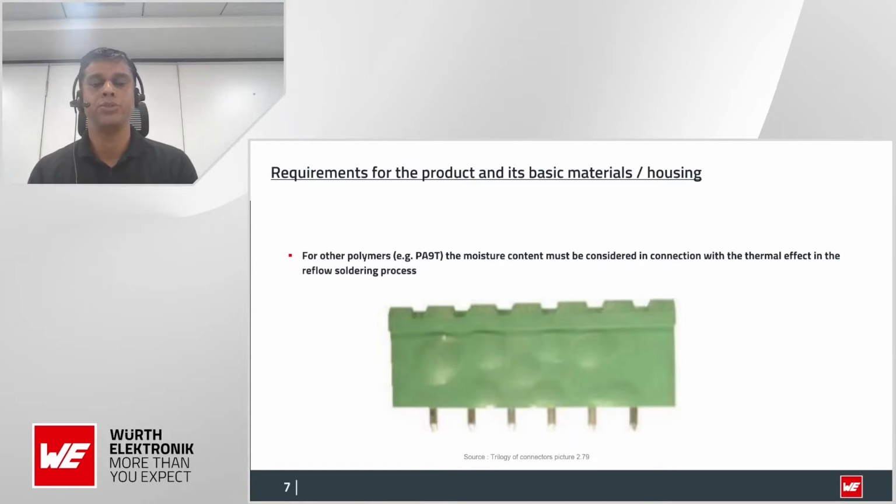That means when you expose this material to high temperature like 265 degrees, the moisture in the polymer will bulge out, and you can see blisters on the surface of the connectors. You can see the bubbles. This will degrade the component performance. That's the reason this material is not suitable for the THR part.